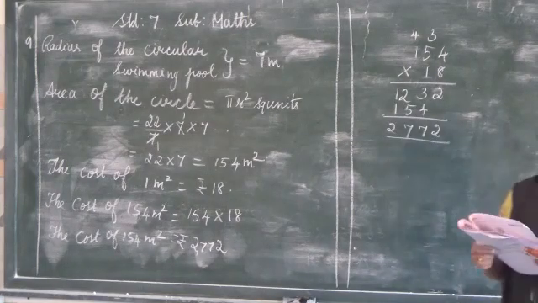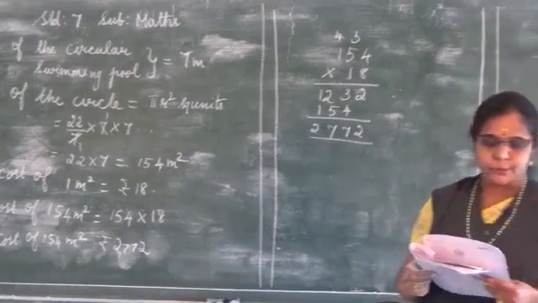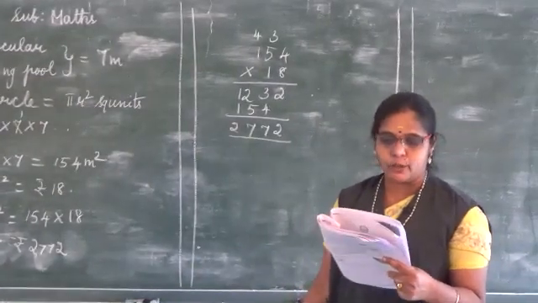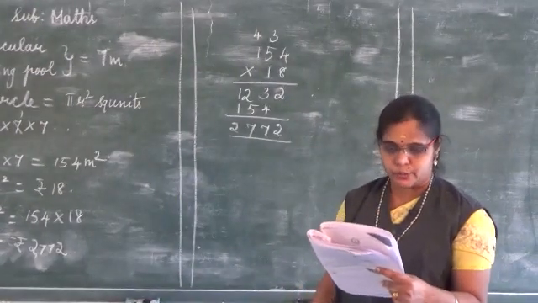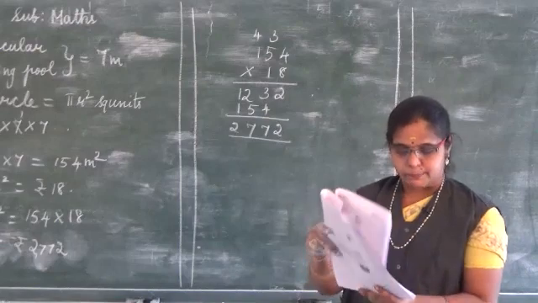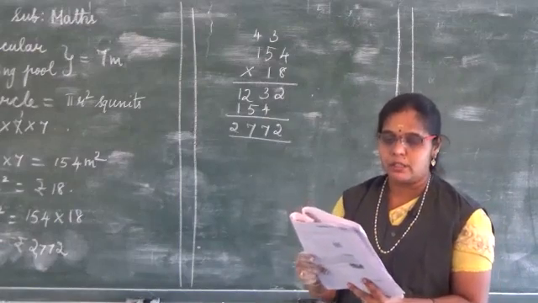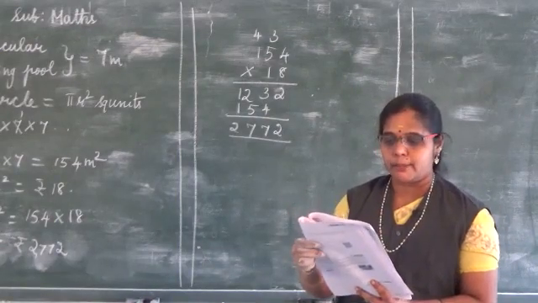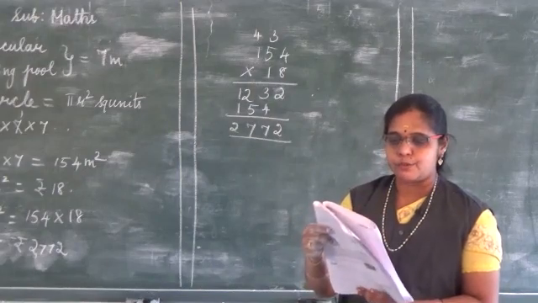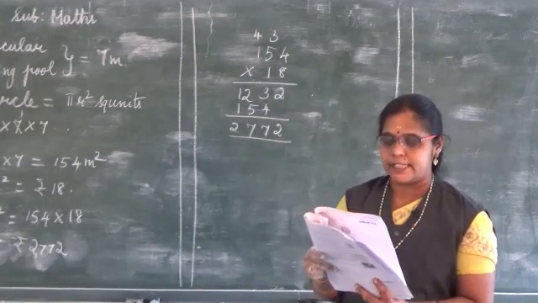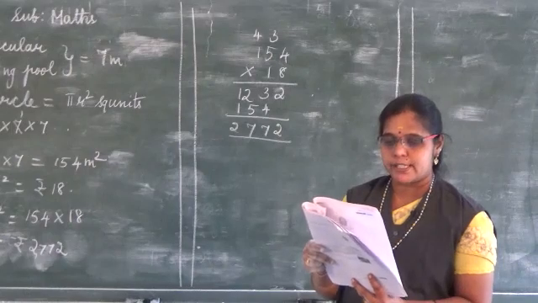Now we have completed up to the 9th problem. We are going to see the objective type questions. Take page number 34, the 10th problem. The formula used to find the area of the circle is dash square units.